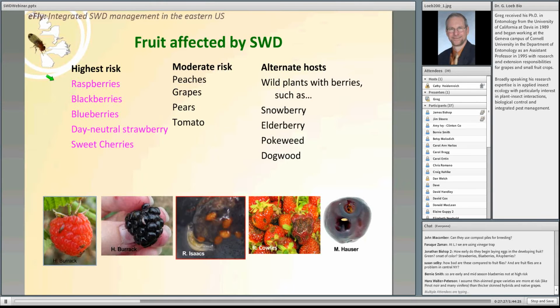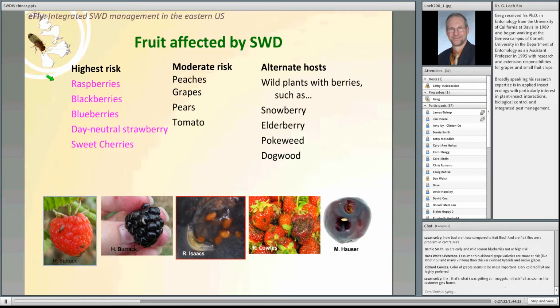Bernie's wondering if early and mid-season blueberries are at risk. I think over time they may become at risk. Right now the information suggests that they're not as likely, and it's the later season varieties where they're finding it potentially. Now, in commercial blueberries, it's a little harder to tell because they may be spraying for other things, like, in our area anyhow, for blueberry maggot, and the same materials they're using against blueberry maggot are likely killing spotted-wing Drosophila.